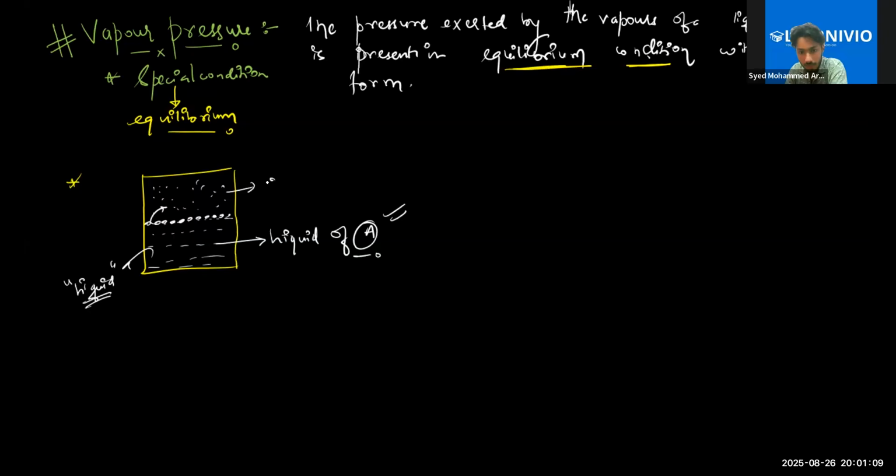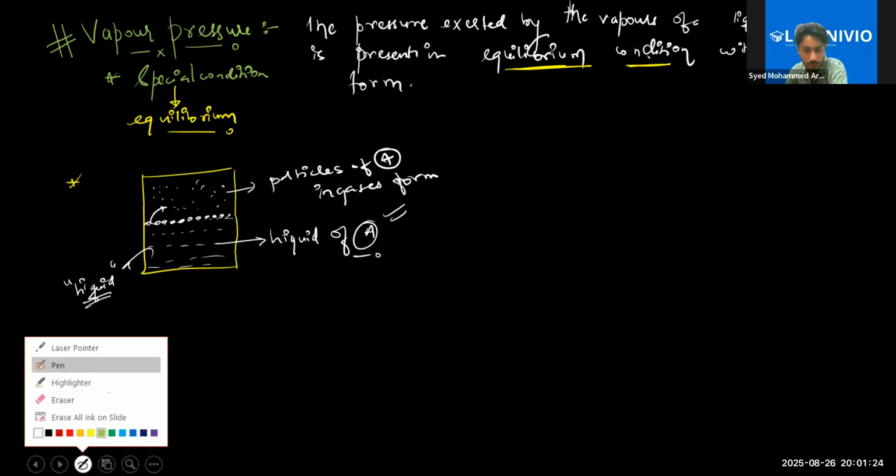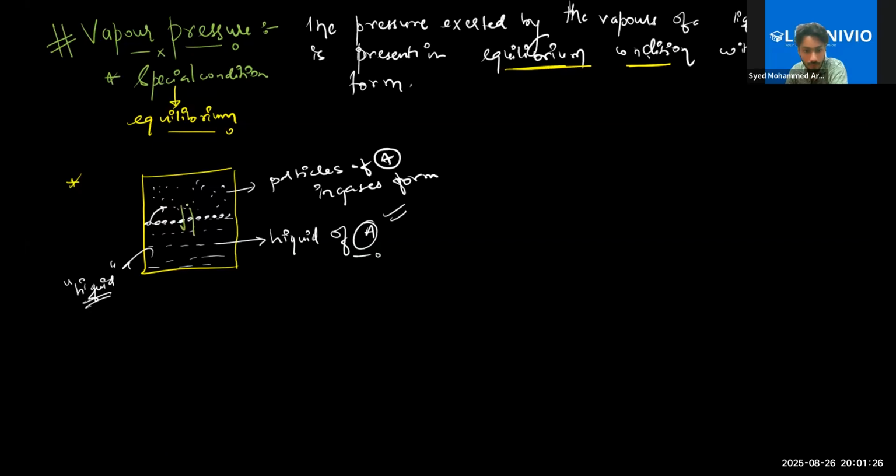These are the particles of A in gaseous form. Fine. So basically, this is a process in which my liquid form is going to be converted into the vapor form, and this vapor form is again going to be converted into the liquid form.